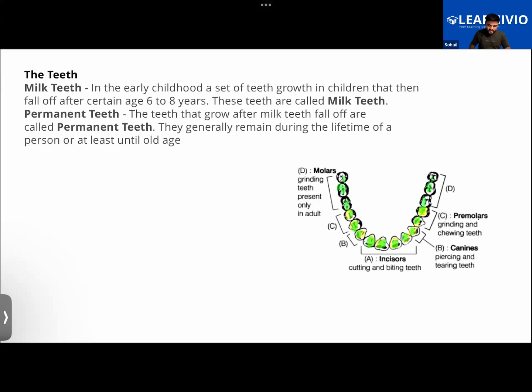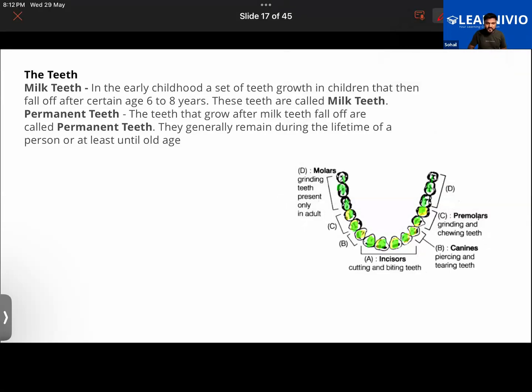It is important and will help you in your higher classes also. First, let us talk about the milk teeth. We are going to learn the dental formula of a child, which refers to the milk teeth.